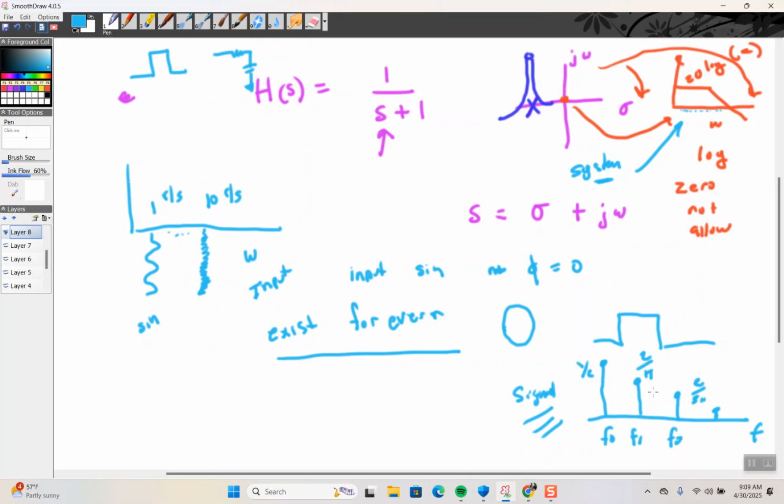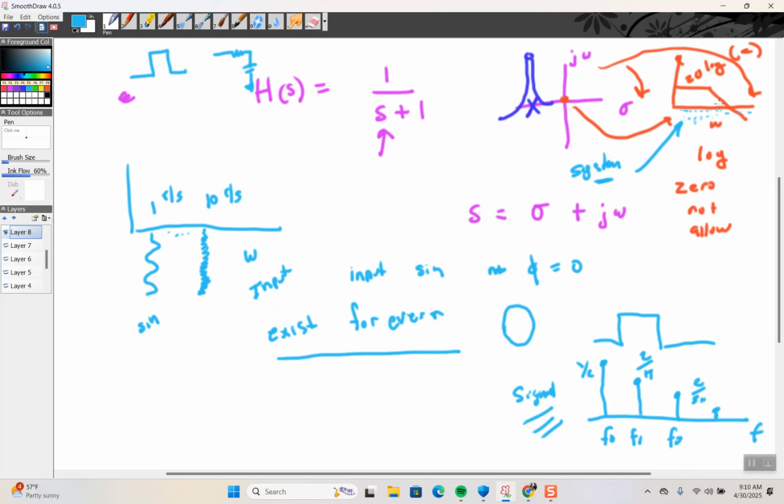What's input is this pattern, depending on what the fundamental frequency is. But this spectrum is Fourier and everything exists for all time. The Bode plot is Fourier, everything exists for all time, and all frequencies are there.